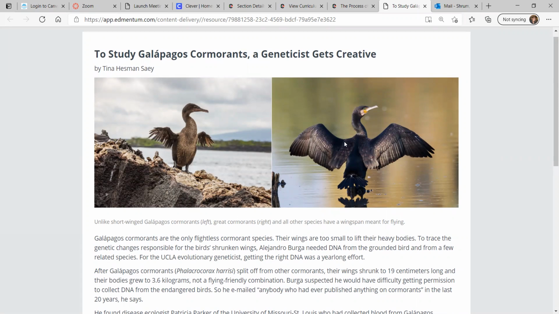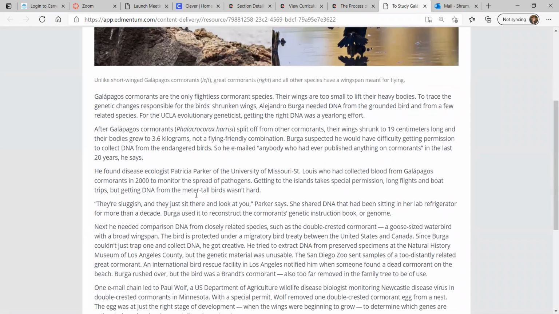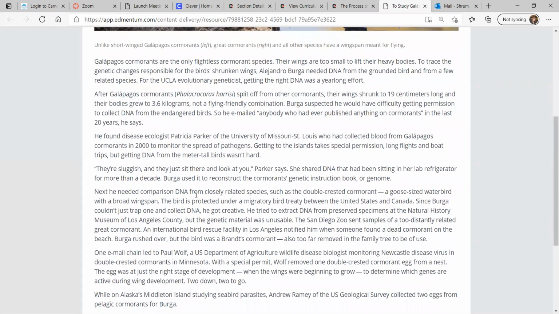And all other species have a wingspan meant for flying. So these guys have wings, but they're not meant for flying. Galapagos cormorants are the only flightless cormorant species. The wings are too small to lift their heavy bodies.